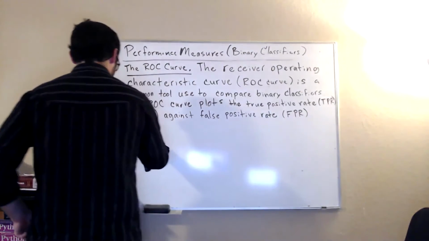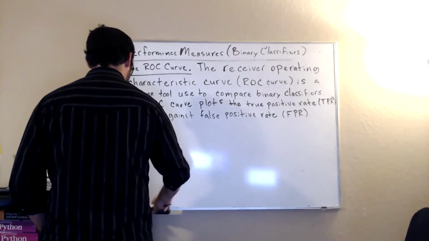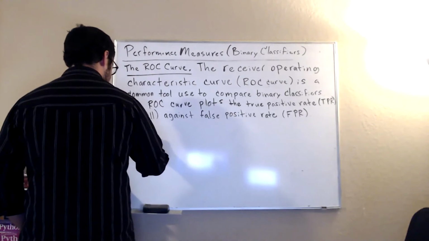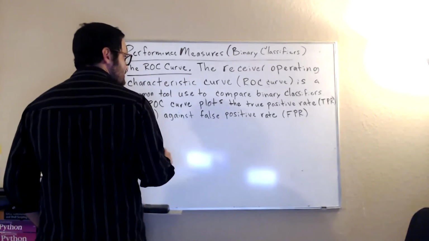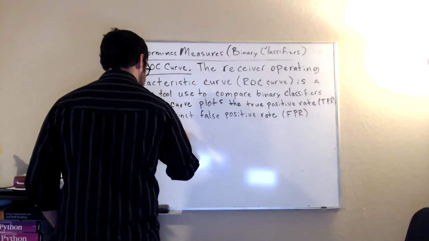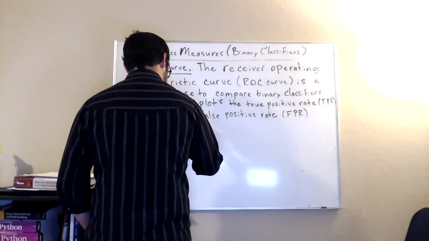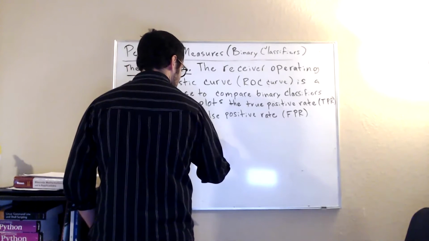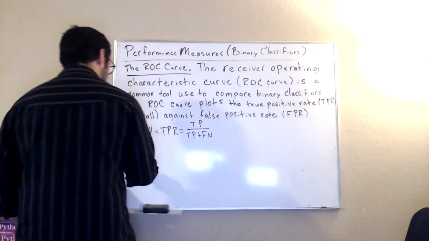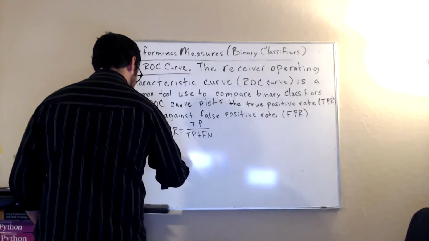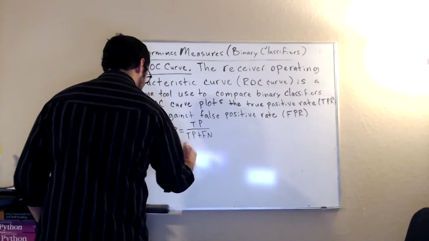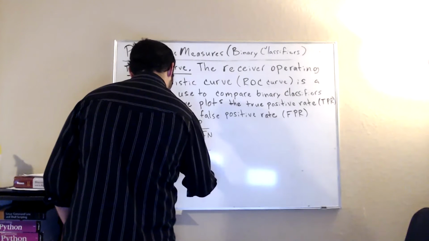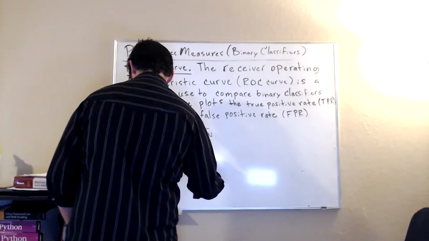So here, for the false positive rate, I guess I don't need to write this out, I can just write down the formulas for it. So the recall, which is equal to the true positive rate, is equal to the number of true positives divided by the true positives plus the false negatives. And the false positive rate is equal to the number of false positives over the number of false positives plus the true negatives.